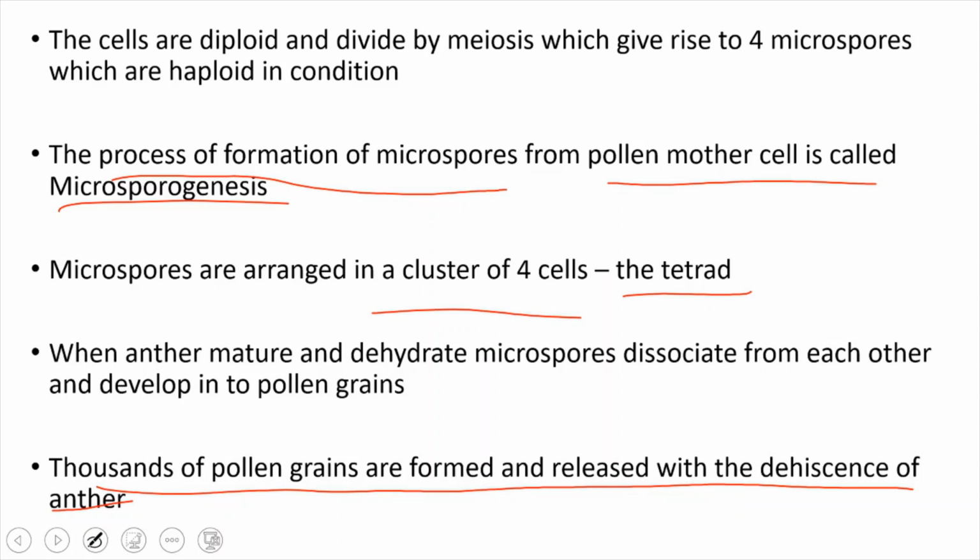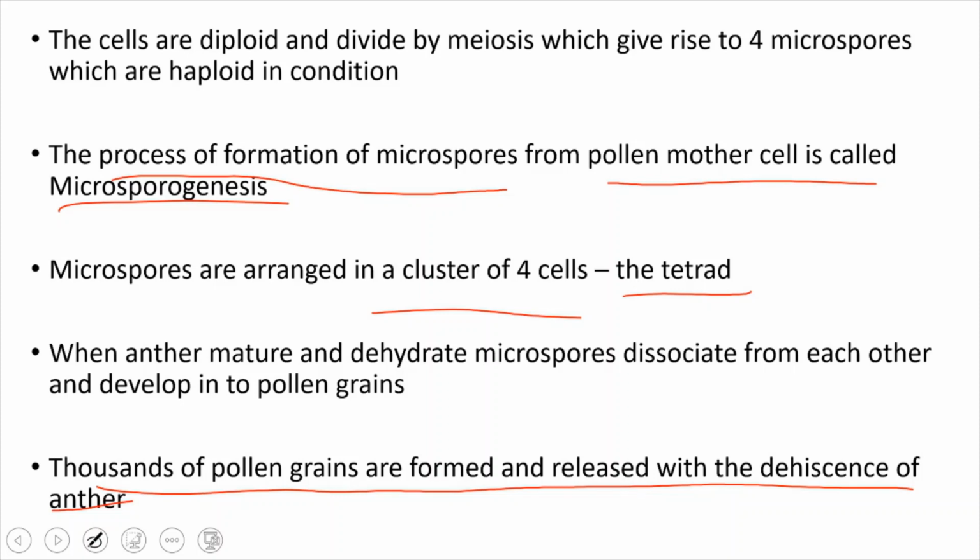When the anther reaches maturity, these cells start dividing. These mother cells divide by meiosis and form 4 daughter microspores, which are present as a cluster attached to each other. Every cell has 4 microspores as a cluster. When the anther is fully mature, it initially dehydrates.